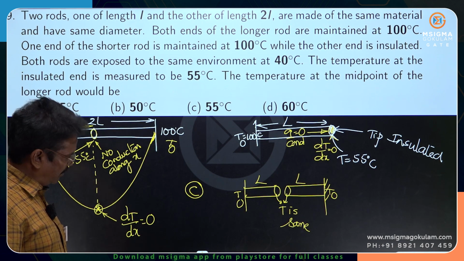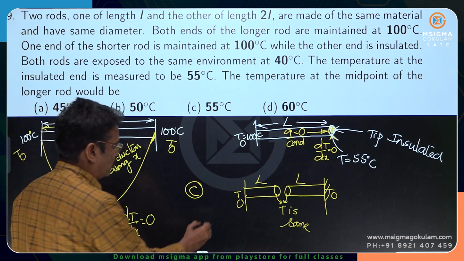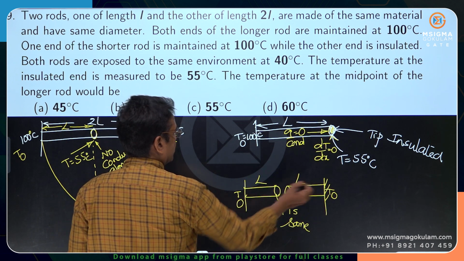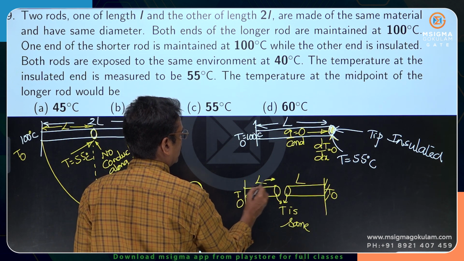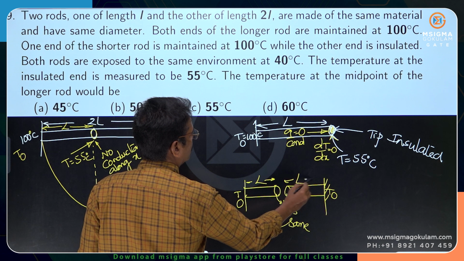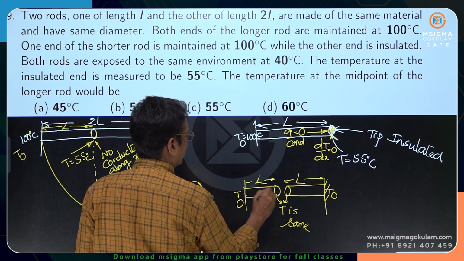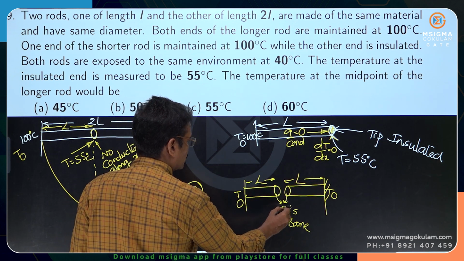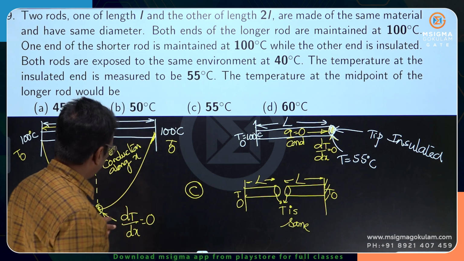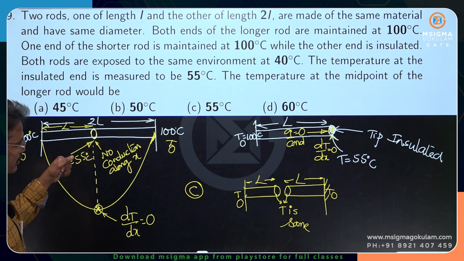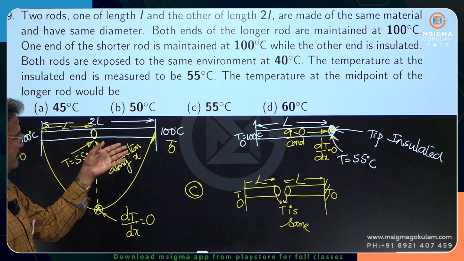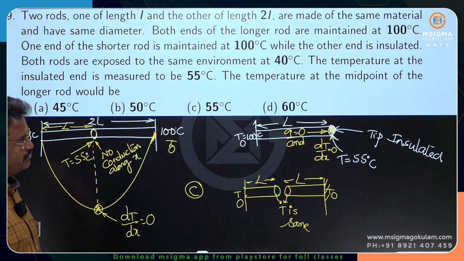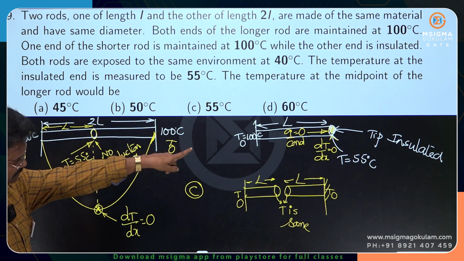Same diameter, same material, same root temperatures, same length. Obviously, when the ends are joined, no conduction is possible because the temperature is the same. No conduction possible means dT/dx is 0. Looking at the boundary conditions, I can say the temperature is 55 here also, because that is given as 55.